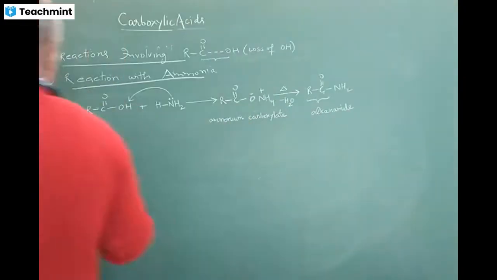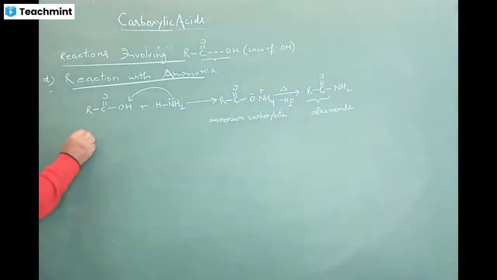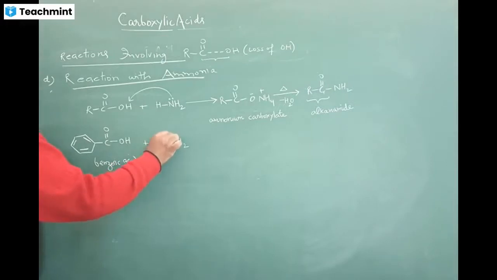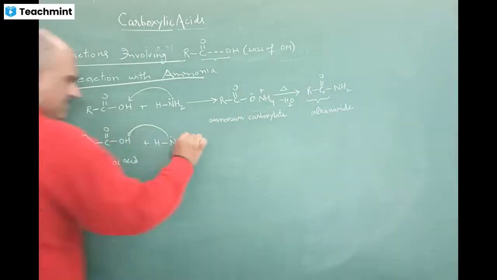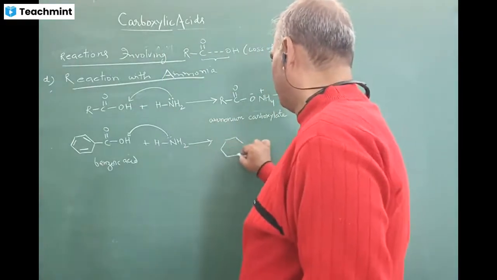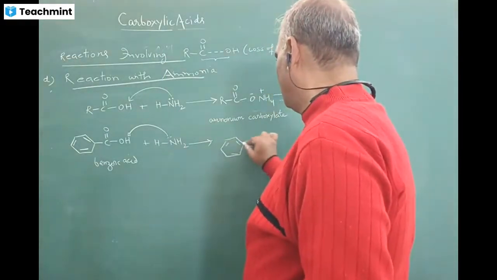Then, if we replace with a benzene ring here, then it is benzoic acid, of course. In a similar way, benzoic acid reacts with ammonia to give ammonium benzoate.